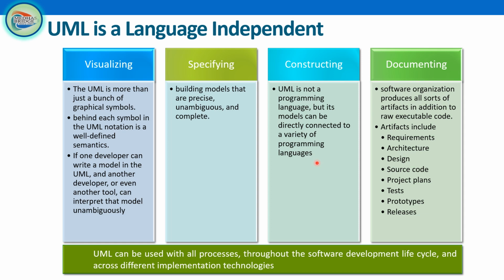In software organization procedures, all sorts of artifacts in addition to the raw executable code can be documented. Artifacts include requirements, architecture, design, source code, project plans, prototypes and releases. UML can be used with all processes throughout the software development lifecycle and across different implementation technologies.